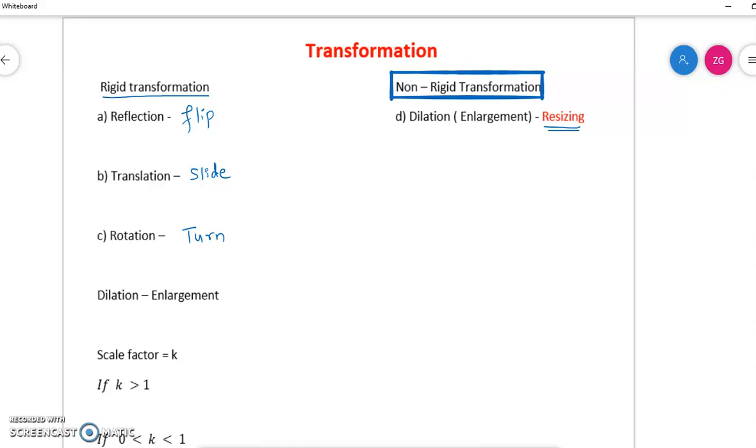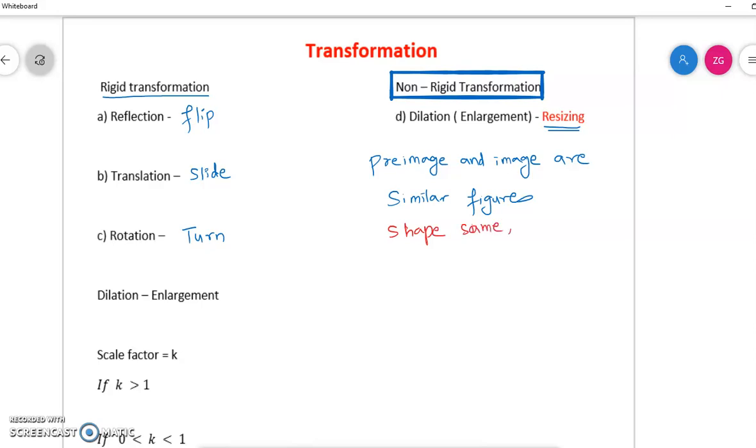In dilation, your pre-image or the object and the image we get after the transformation are similar figures. Similar means the shape remains the same, only the size changes.